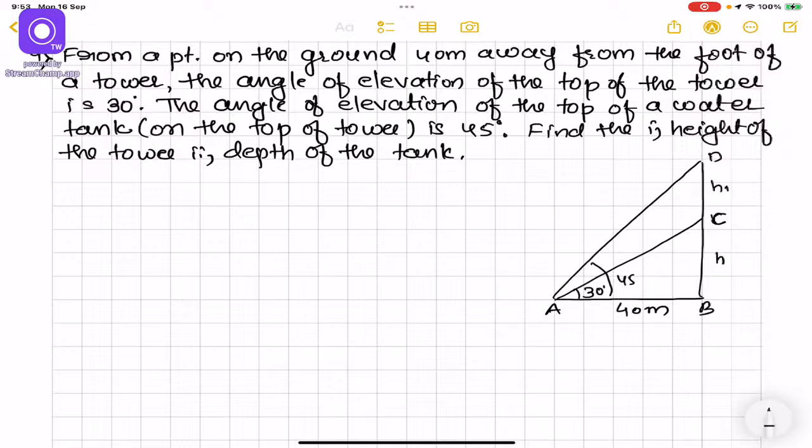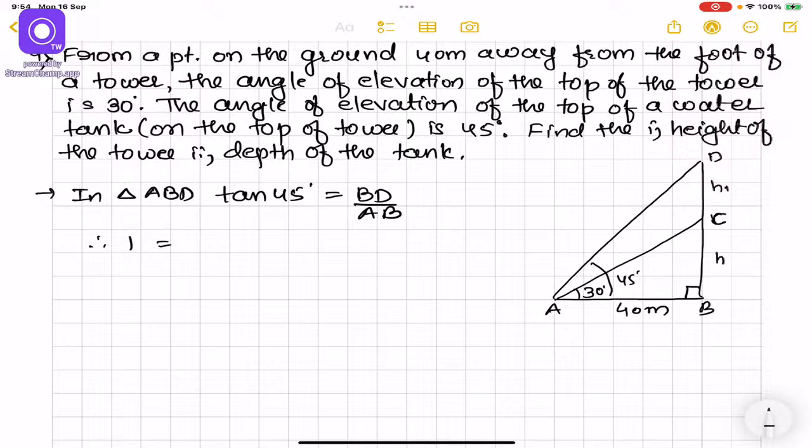This whole is 45 degree. So, here in triangle ABD, B is 90 degree as the tower will be standing straight. So, tan 45 equal to BD upon AB. So therefore 1 will be equal to H plus H1 upon AB is 40. So the first equation I got is H plus H1 equal to 40. I am giving this as number 1.